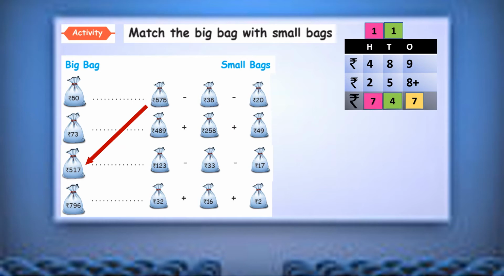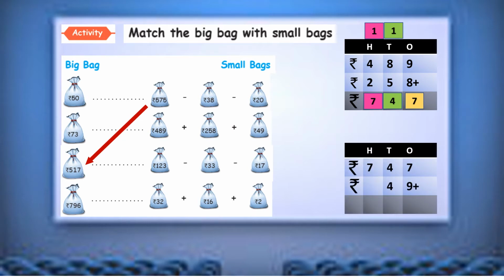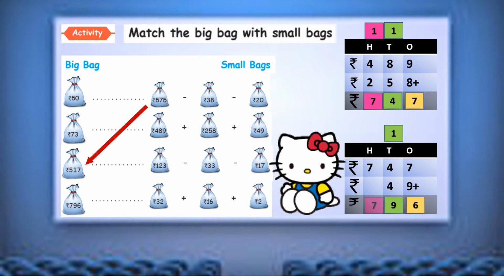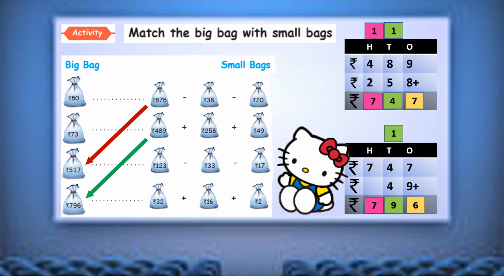Now, with that 747, we need to add rupees 49. Add as it is: 9 plus 7, 16, 6 and 1 above. Then 4 plus 4, 8, 8 plus 1, 9. Bring that 7 as it is. So, where will be the answer? It is in the last row, right? Very good.